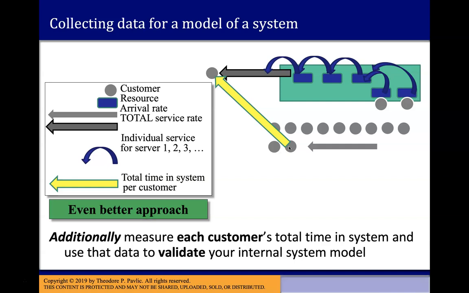If those two things are very different, then your model of the system is probably missing something important. It might be missing a service time. It might be missing some part of the process that contributes to the total time in system that you're not seeing there. So you want to take these inputs as well as these outputs.